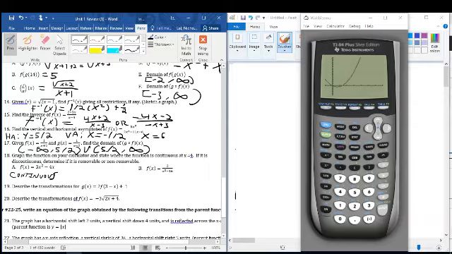All right, and then for b, it's 2 over x squared minus 16. 2 divided by x squared minus 16. Got that.